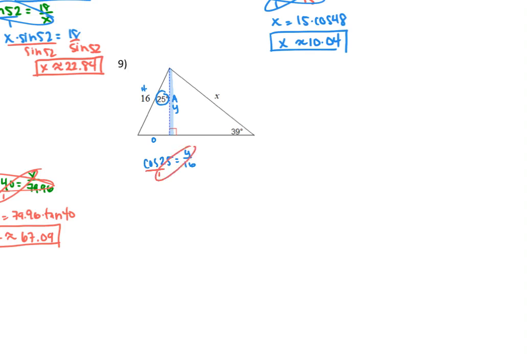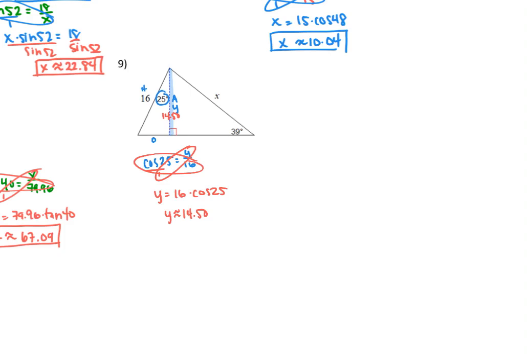And then cross multiply. So y equals 16 times cosine 25. In our calculator, we get 14.50. So that's my shared side.